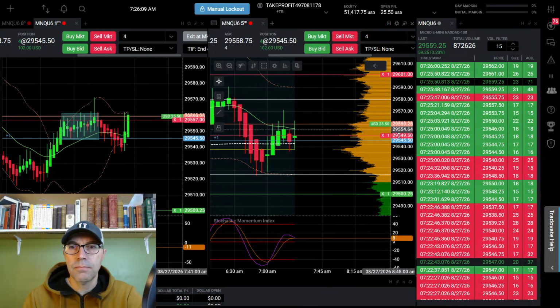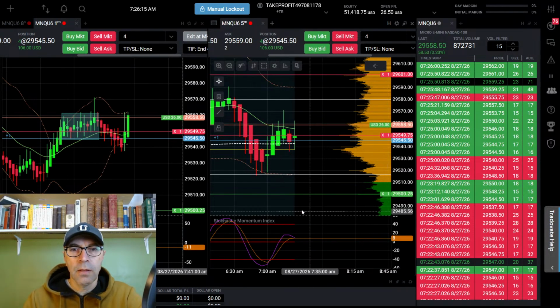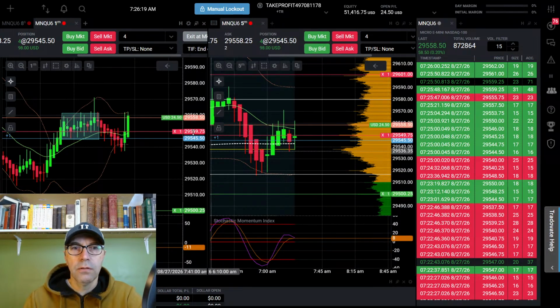Let's put it right there. I'm going to lower it down 10 points below. I do have a crossover to the downside on the 5-minute chart.